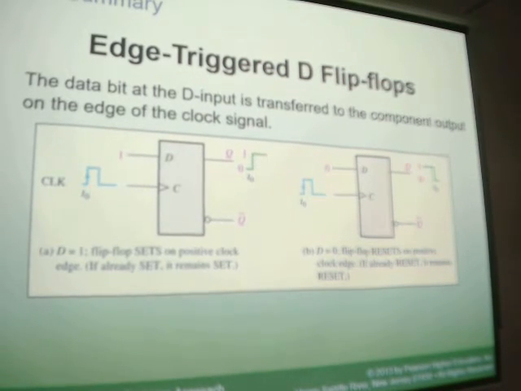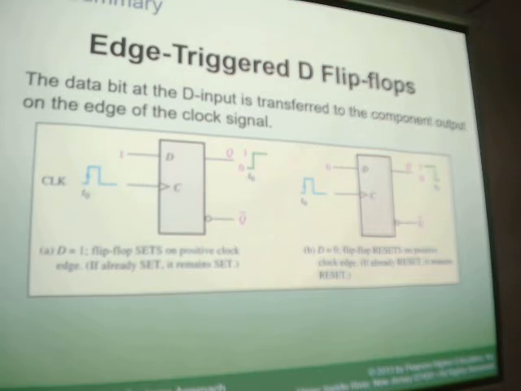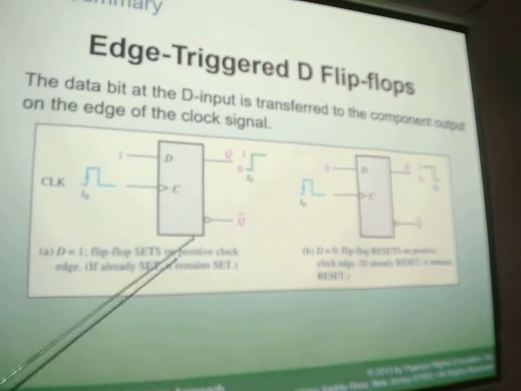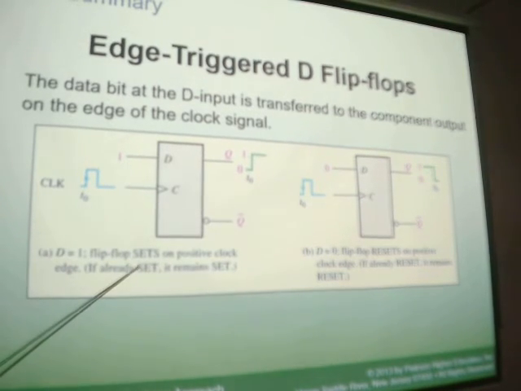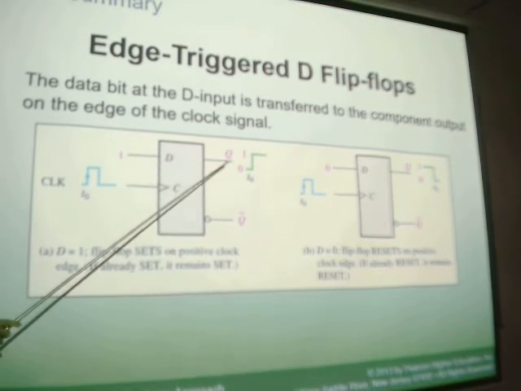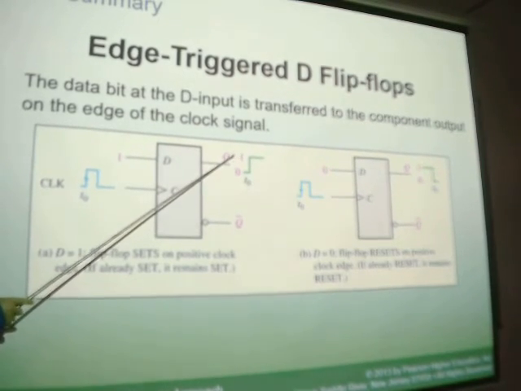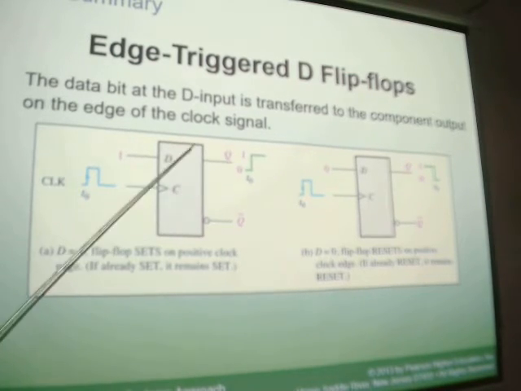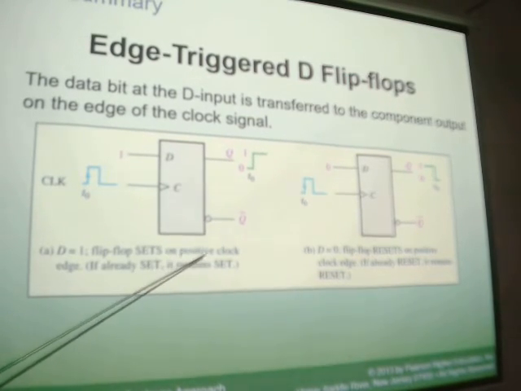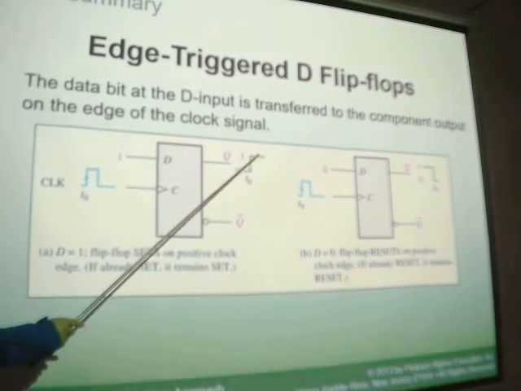Positive clock edge. If already set, meaning the output Q already equals 1, then it remains 1.